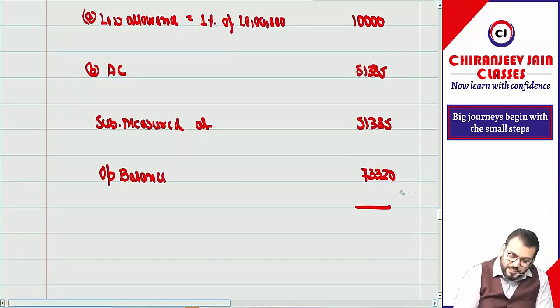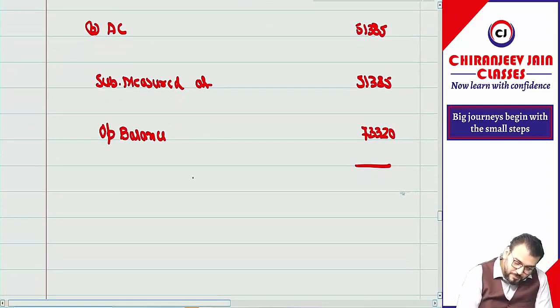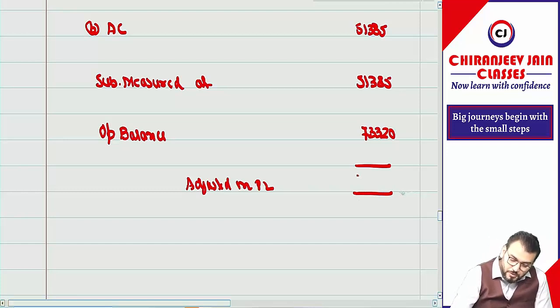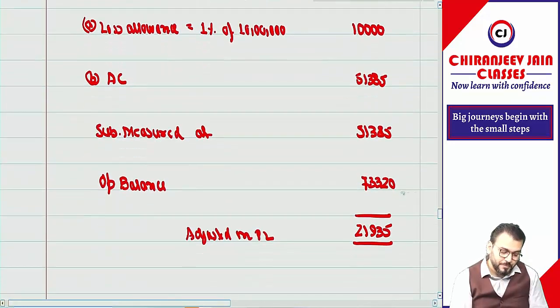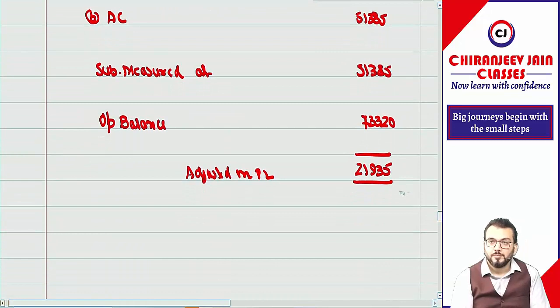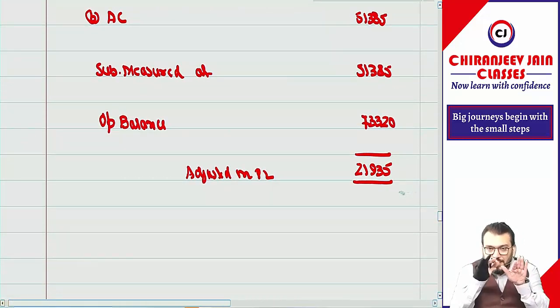It means the liability will decrease, so it will be adjusted in PL. How much? The difference of these two, 21935. Have you understood this point? Means what journal entry will we do? Our financial obligation will decrease and transfer to PL.